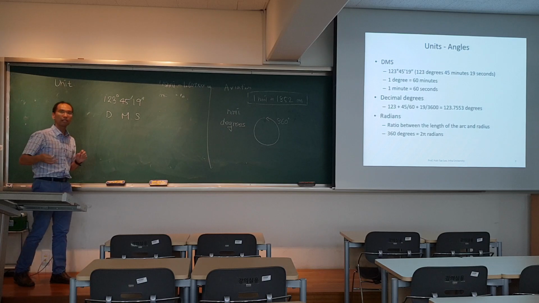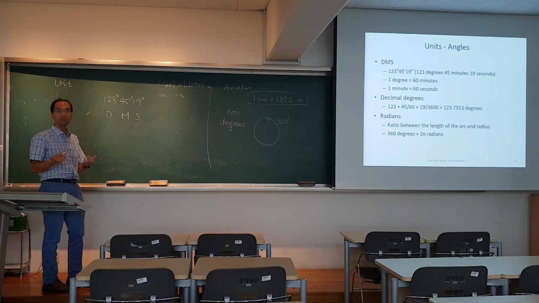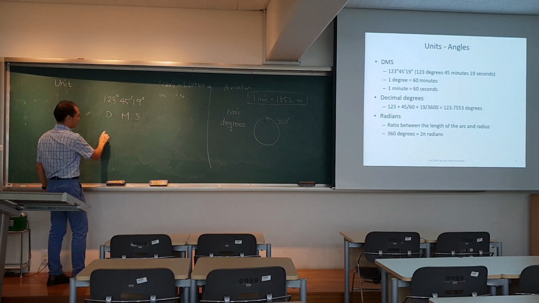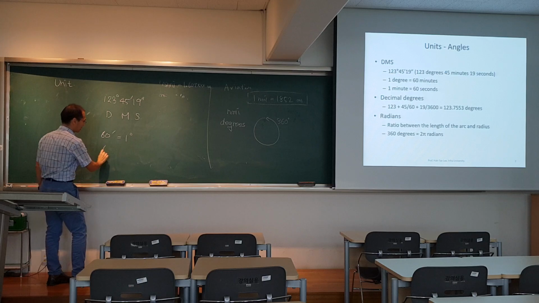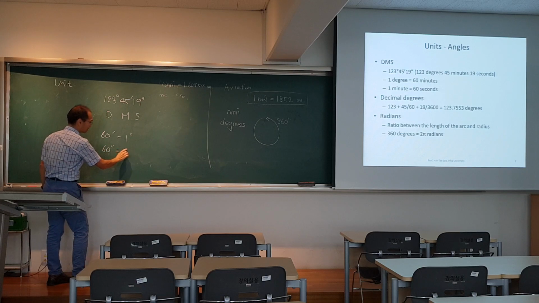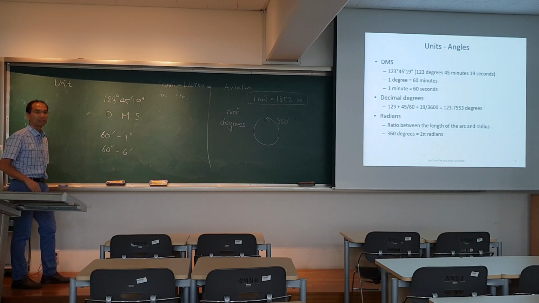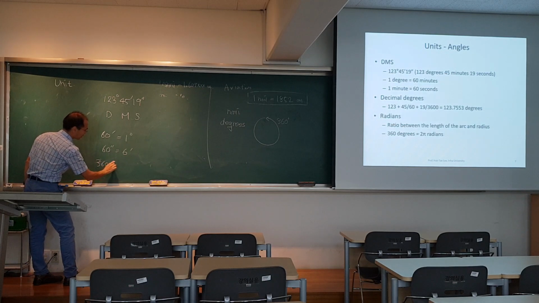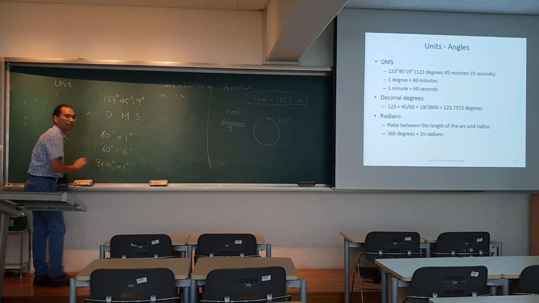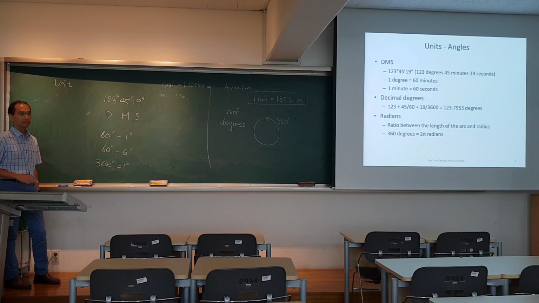And just like time, where we still use minutes and seconds, 60 minutes is 1 degree and 60 seconds is 1 minute. So 3600 seconds is 1 degree.